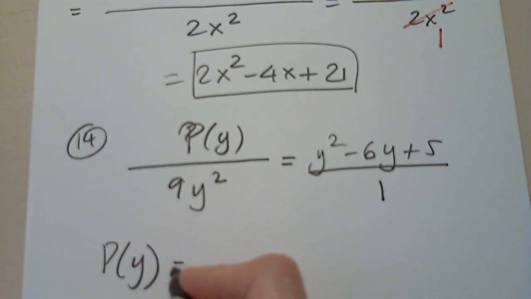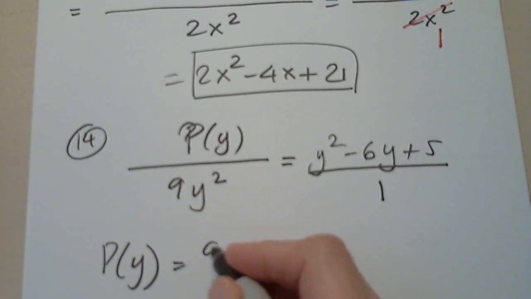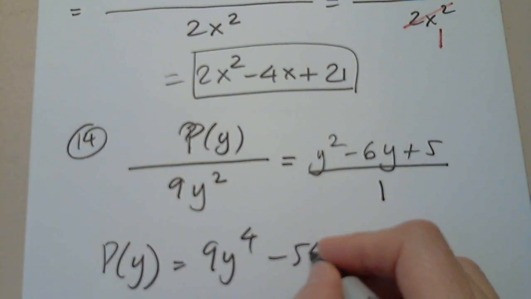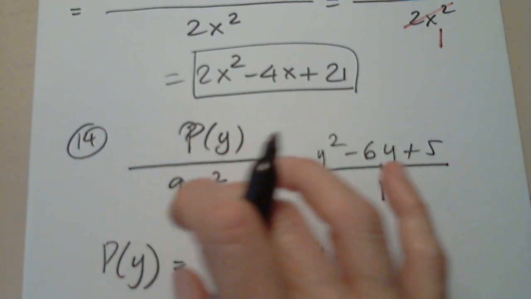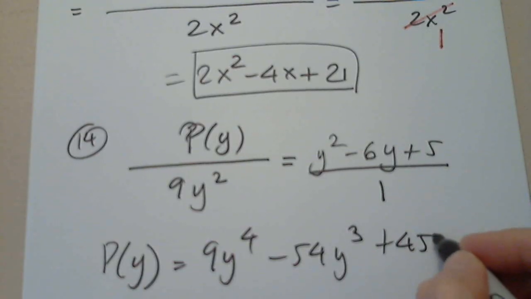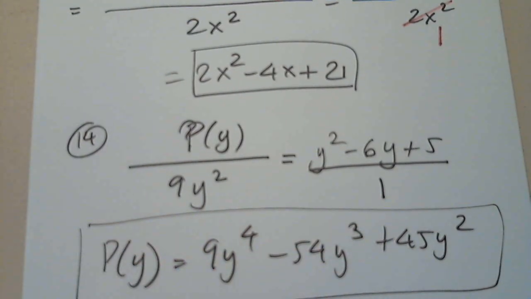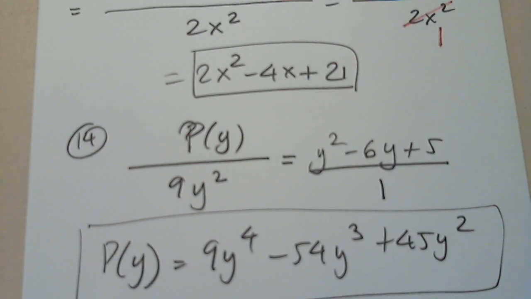P of y is this times this, 9y to the fourth, minus this times this, 54y to the third, this times this, plus 45y squared. Proportions, proportions, proportions. Please keep those in mind.